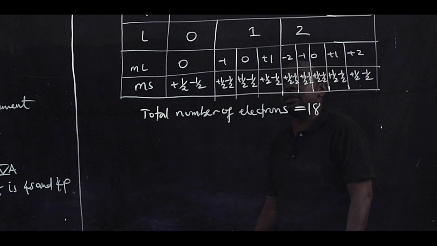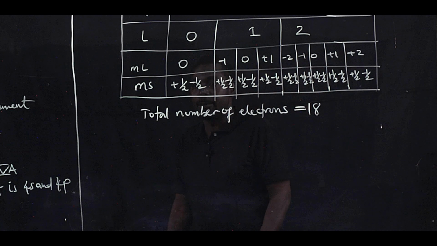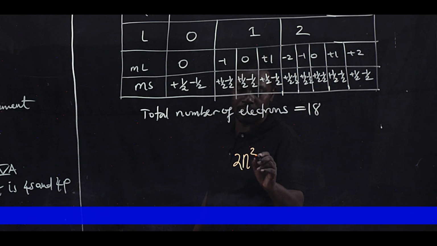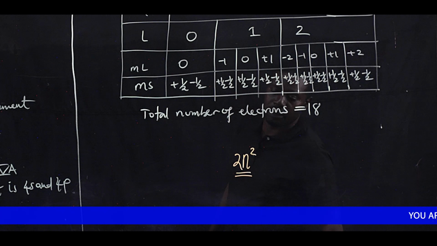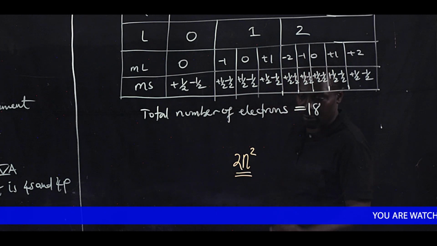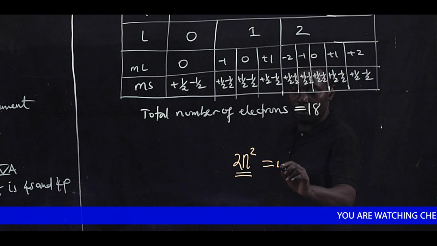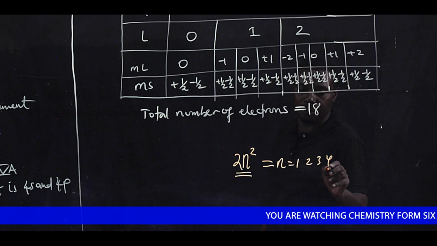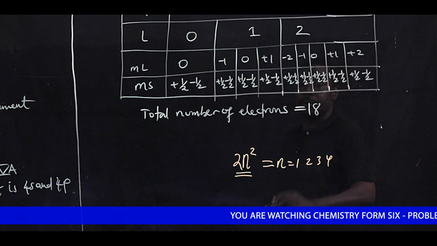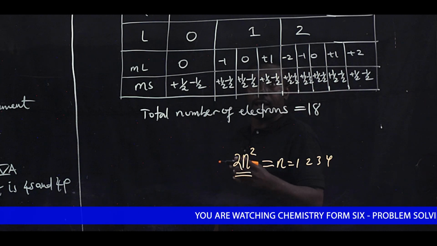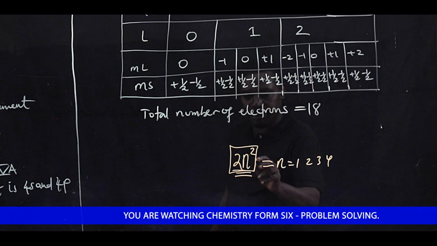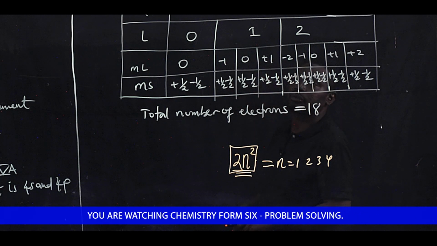We know how to find the number of electrons by using the expression 2n squared. This applies to find the total number of electrons for any given quantum number 1, 2, 3, 4, etc. But this question asks us to find the total number of electrons not by using this expression. We are supposed to use a table.